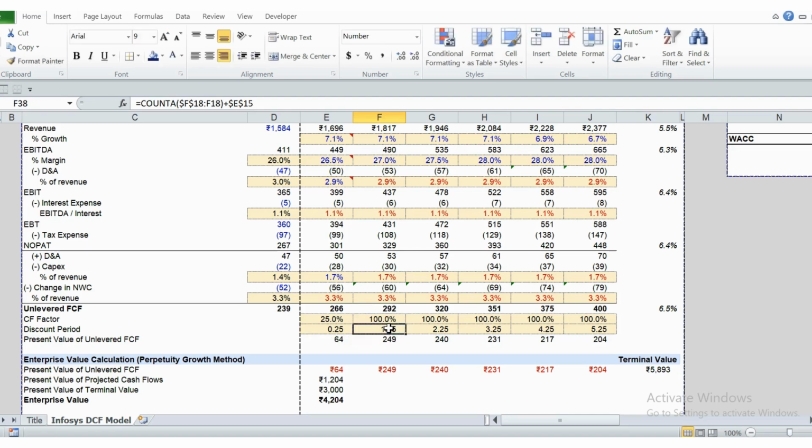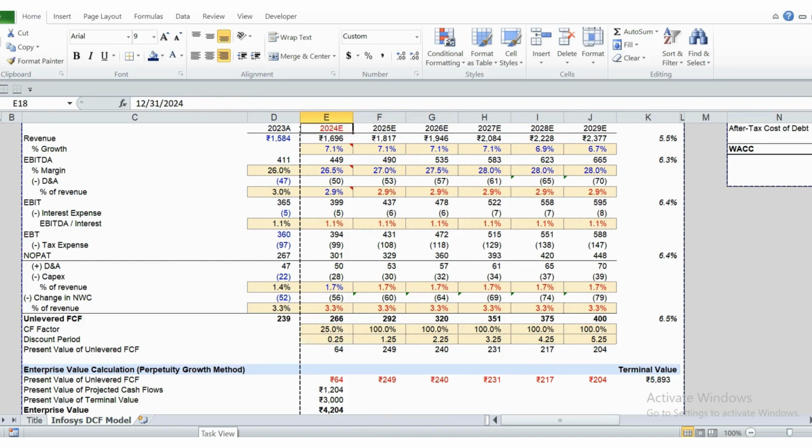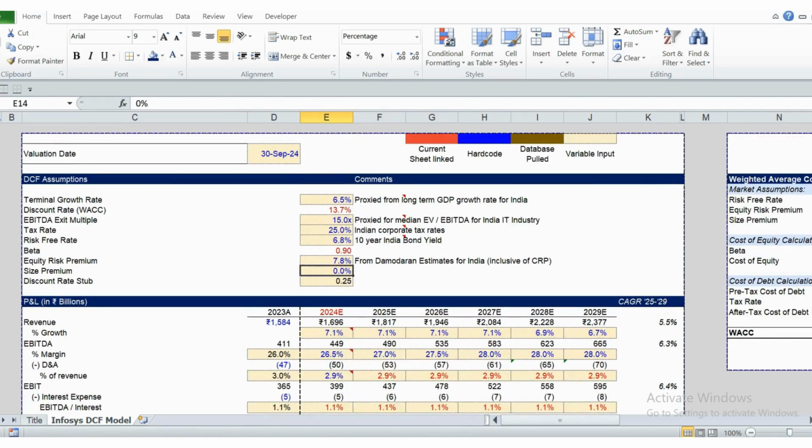So that becomes 1.25, and similarly the next years become 2.25, 3.25, up to 5.25. This stub is a very important factor, because we are not predicting that the deal will be closing on this particular date, but rather our model should be so robust that if the deal closes anywhere within our range of dates, then the valuation should adjust by itself.